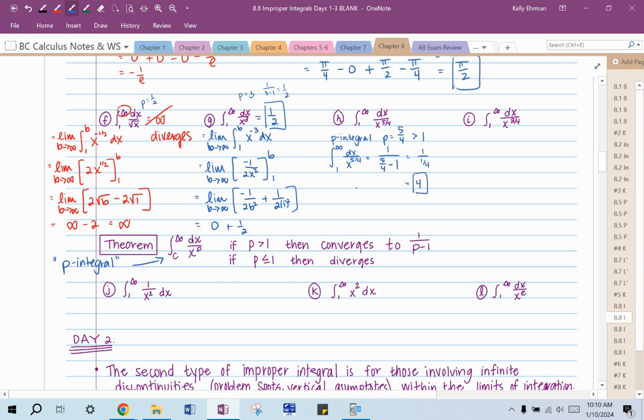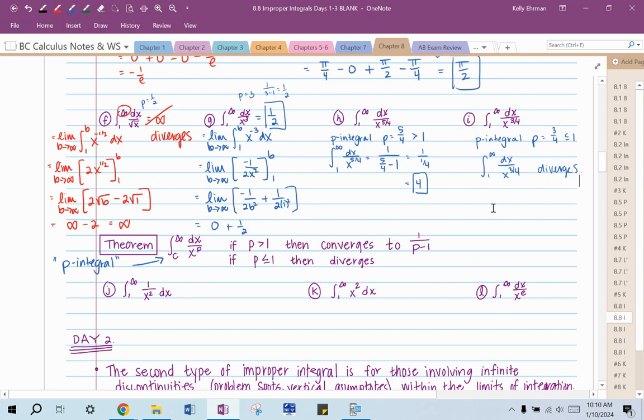If we did this the long way with limits and all of that, we should still get 4. So we get that this integral is equal to 4. It converges. And this is a p integral with p equal to 3/4, which is less than or equal to 1. So therefore, the integral from 1 to infinity of dx over x to the 3/4 diverges.